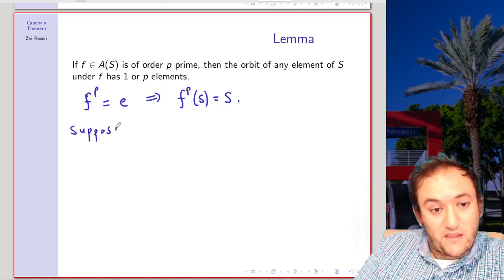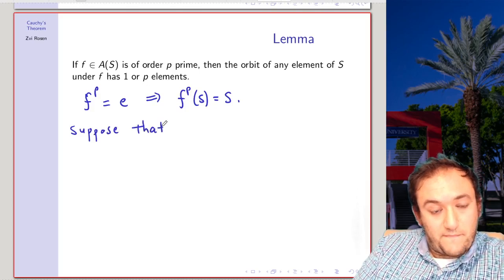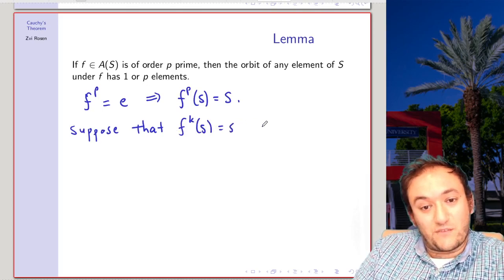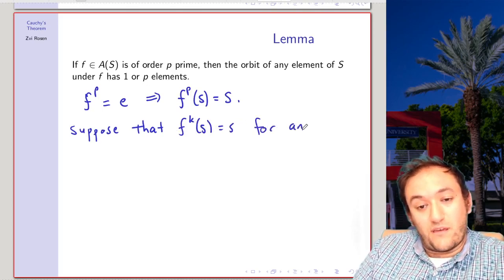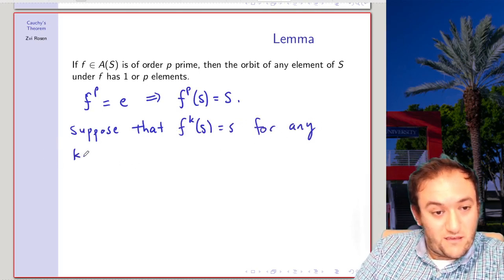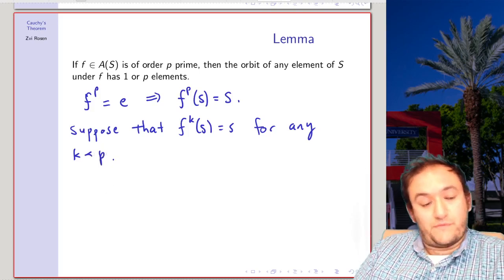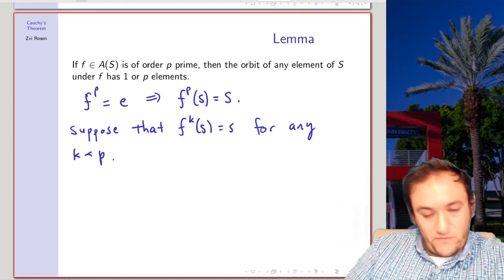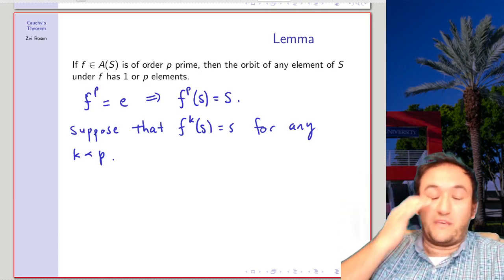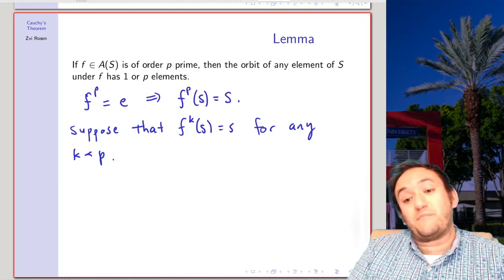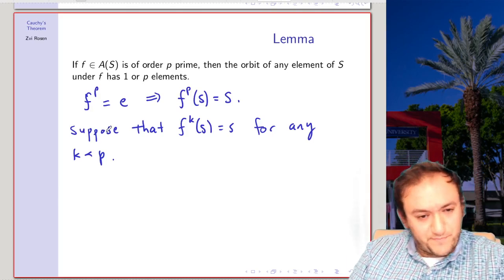So suppose that f to the k of s is equal to s for some k less than p. Okay? So let's say, maybe our p is 5, maybe you apply f 3 times, then you get back to where you started.